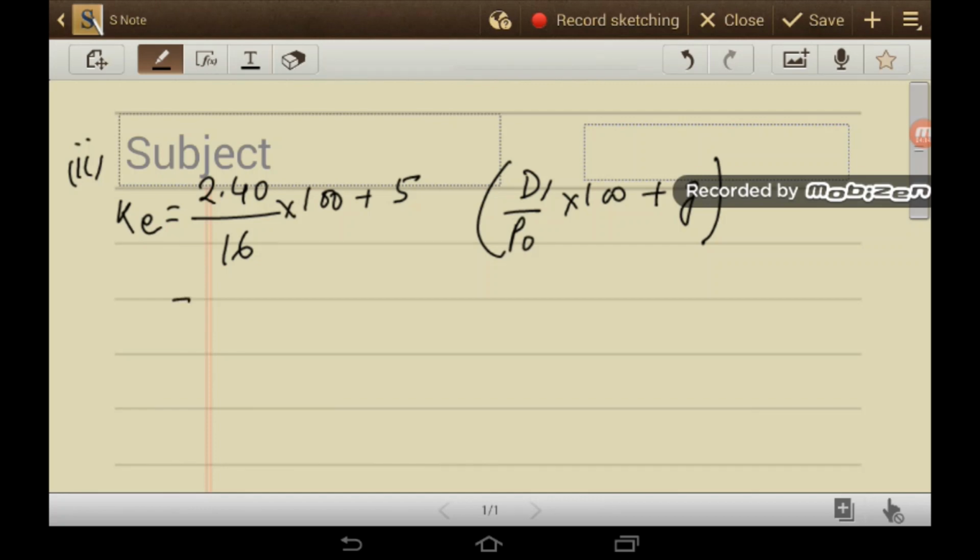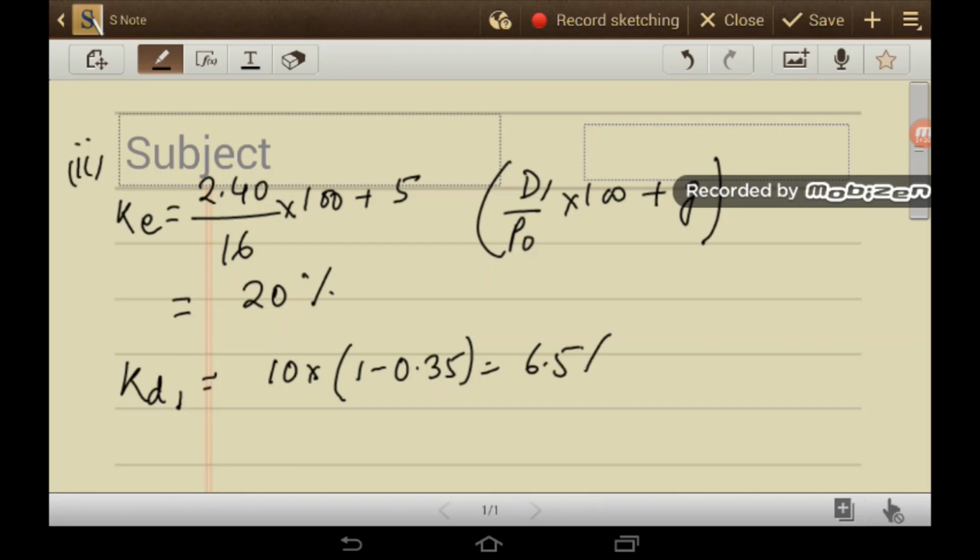So your cost of equity now will change to 20%. Kd1 we have already calculated: 10 into 1 minus 0.35, so this is 6.5%. And Kd2, the next debt that will be issued, will be at 12%. So 12 into 1 minus 0.35 will give you 7.8%.